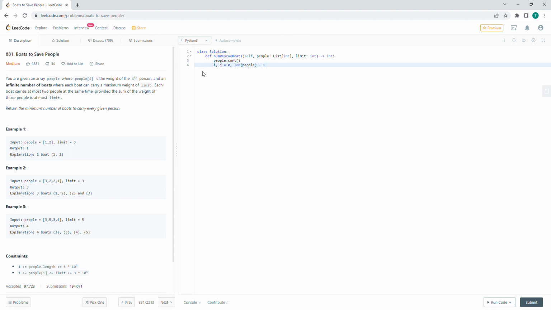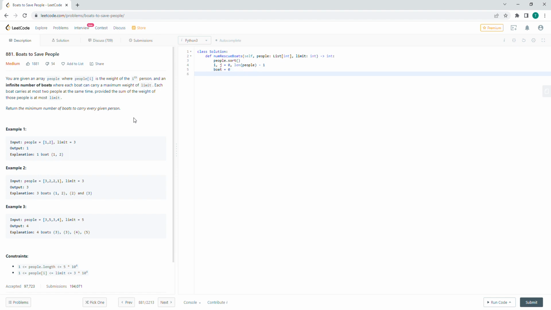Once we sort the list, the first index is the lightest and the last index is the heaviest. Then we're going to have an output that keeps track of the minimum number of boats we need. I'm going to call it boat, and that's going to be 0.